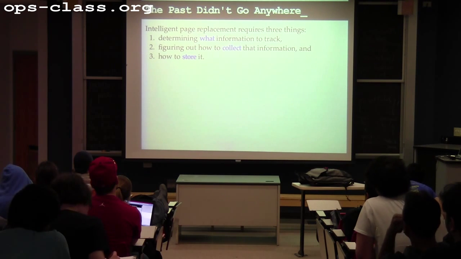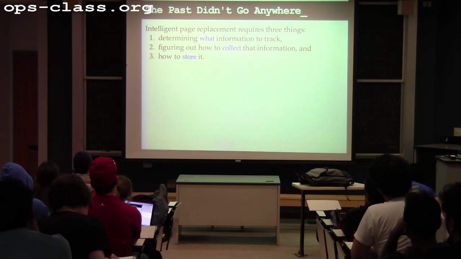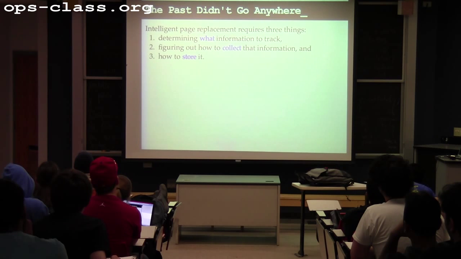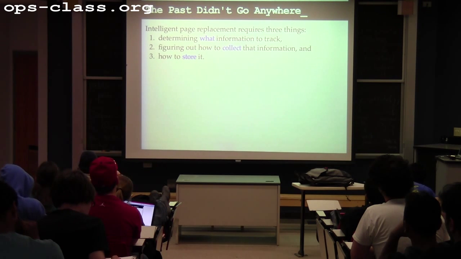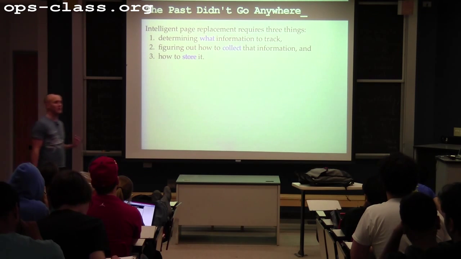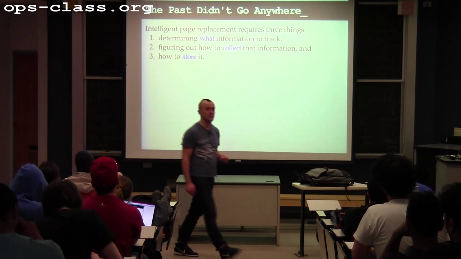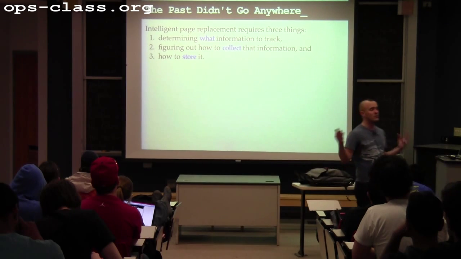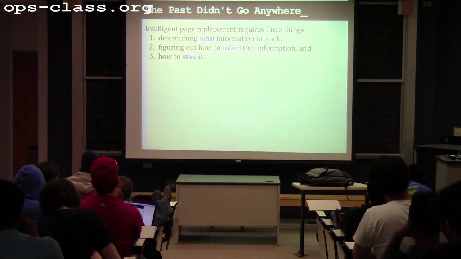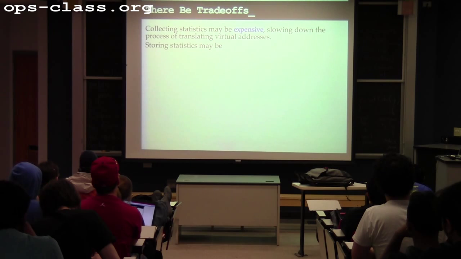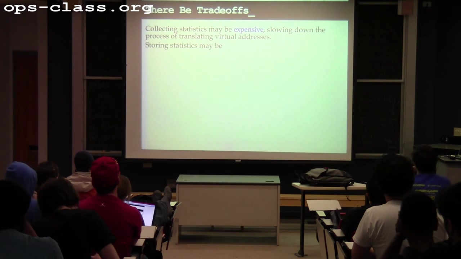Finally, we need to store this information without creating a massive amount of overhead. All the information we store about page access patterns competes with legitimate uses of the available memory on the system. So if we double the amount of state we need, it's probably not a good algorithm. And collecting statistics could be expensive.